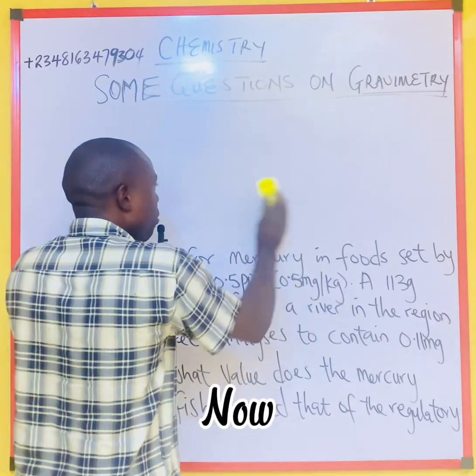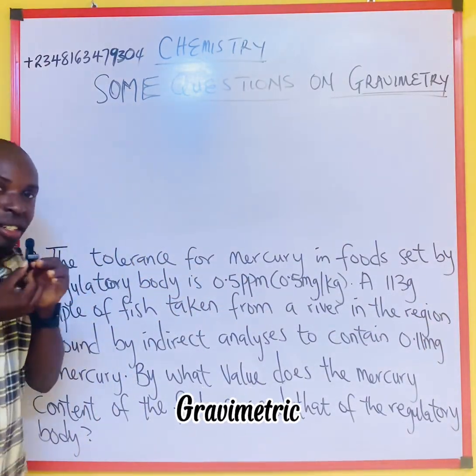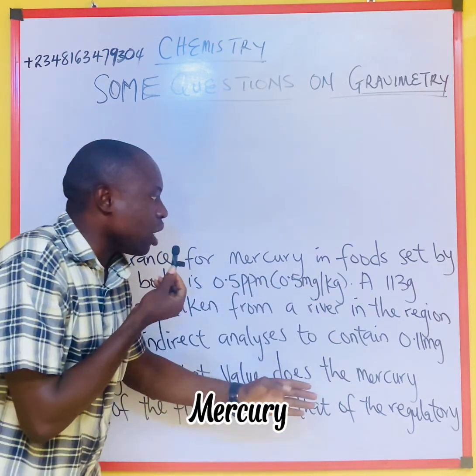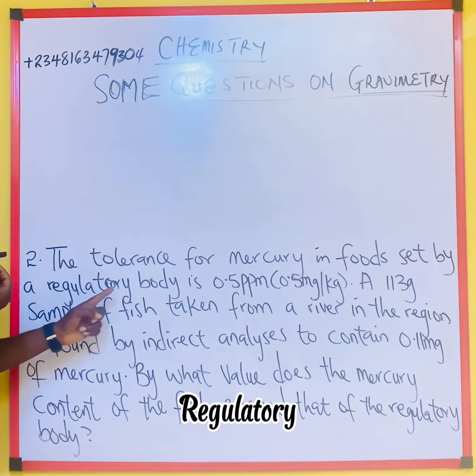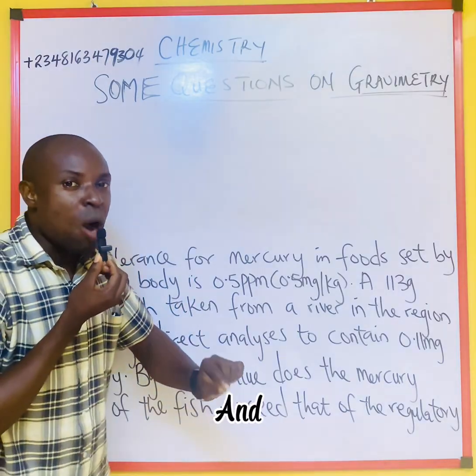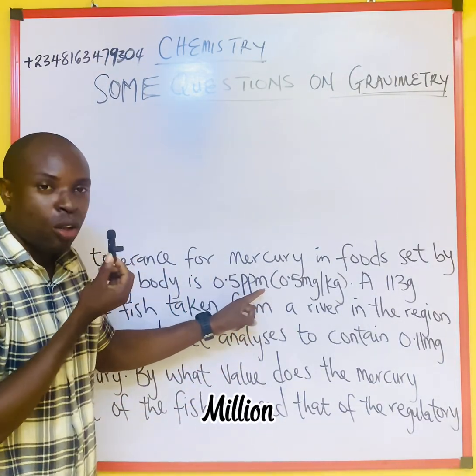Now, look at this question deeply under gravimetry. The question says the tolerance for mercury in foods set by a regulatory body is 0.5 ppm. And what does ppm stand for? Parts per million.